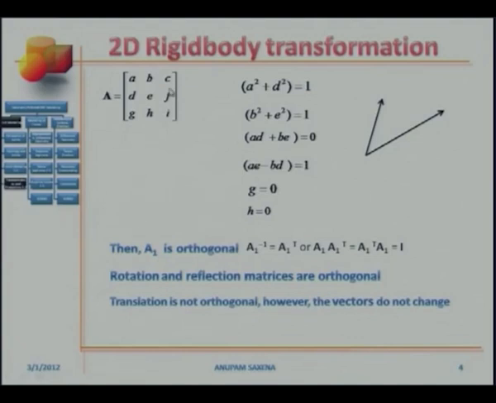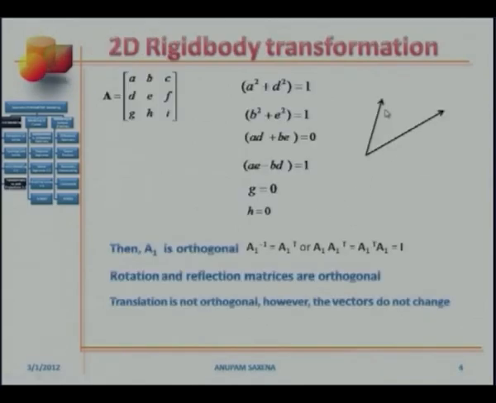C would be an element that would represent translation along the x coordinate, and F would be an element that would represent translation along the y coordinate in the xy plane.